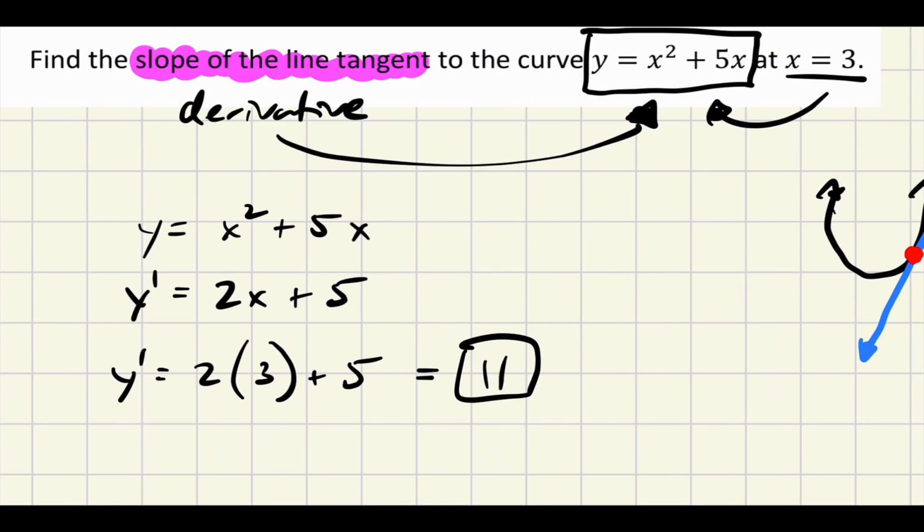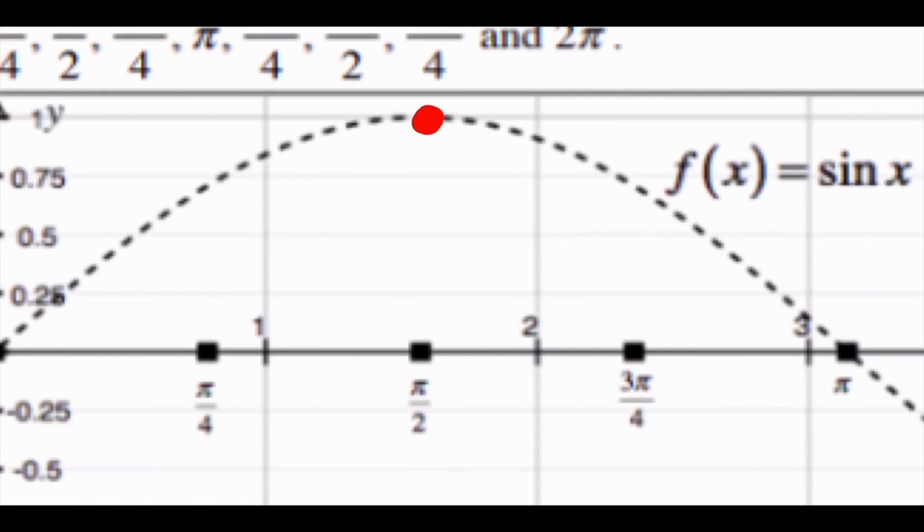So what does tangent mean? It means it hits at one spot. So if I were to draw a line here and only hit the red dot and the graph at one spot, what would that line look like?